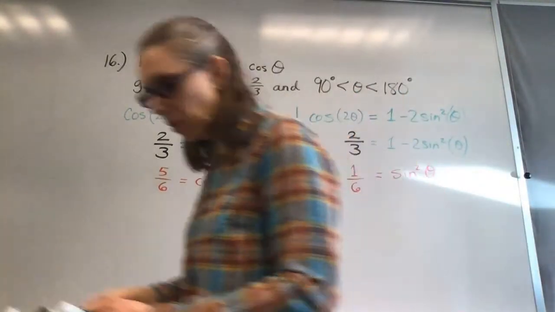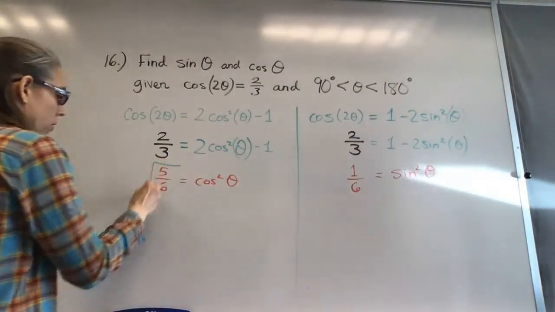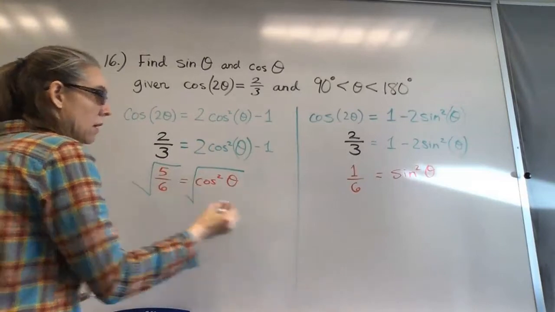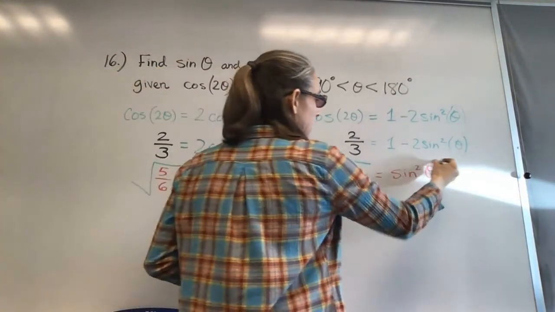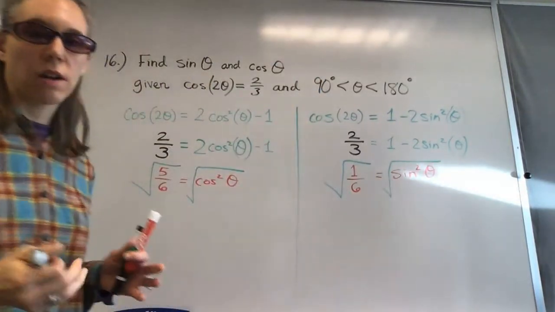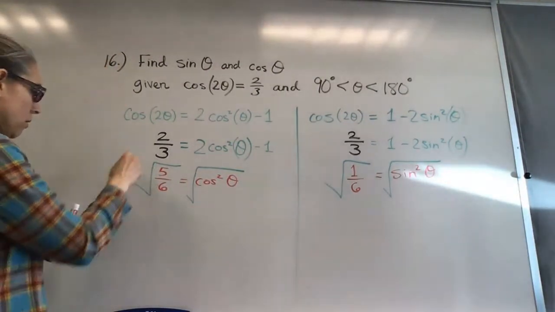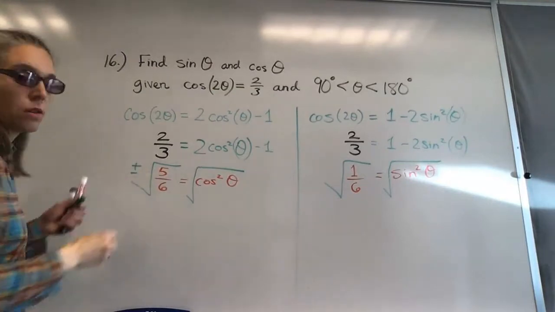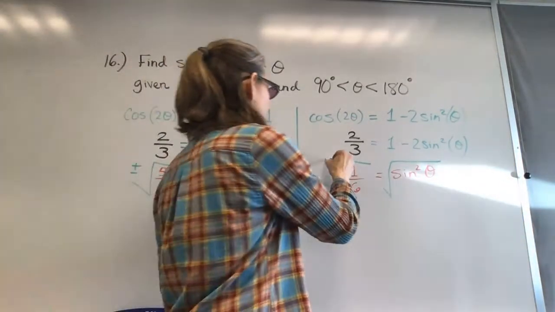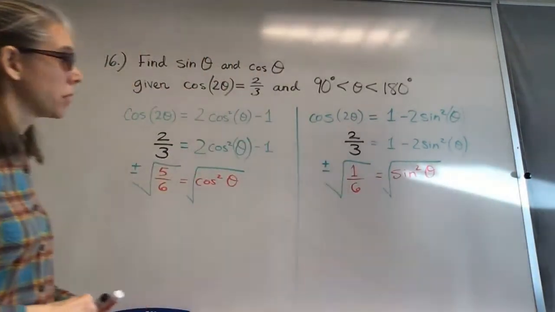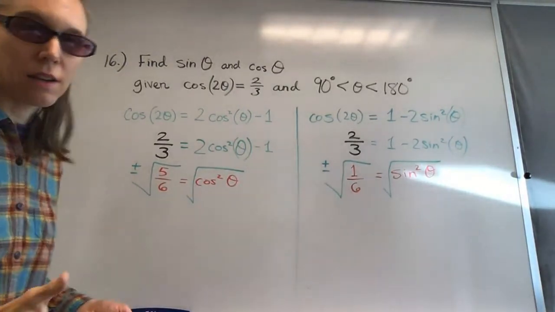Now using the square root property, we're going to take the square root of both sides. And this is where we need to consider, are we going to have a plus or a minus for each of these? Okay, so typically when you take the square root of both sides, you have the plus and the minus. But let's consider, where is theta located?